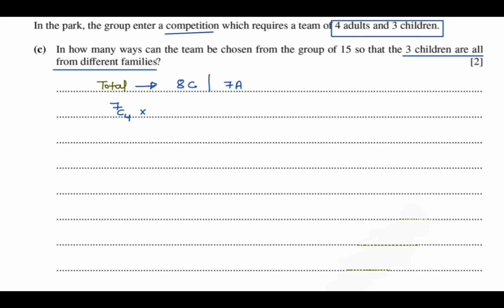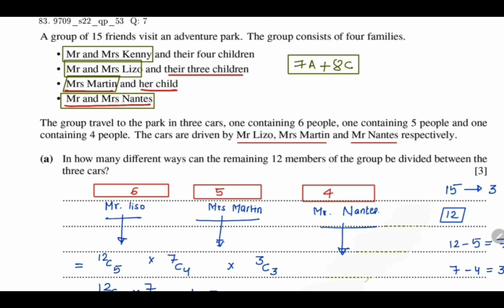So again we will see the first question, or part A of this question. See, we have Mr. and Mrs. Kenny and their 4 children. So one child out of the Kenny family can be selected in 4C1 ways. One child out of the Lizzo family can be selected in, as there are a total of 3 children, 3C1 ways, and there is only one option for the Martin family, so 1C1, which is 1.